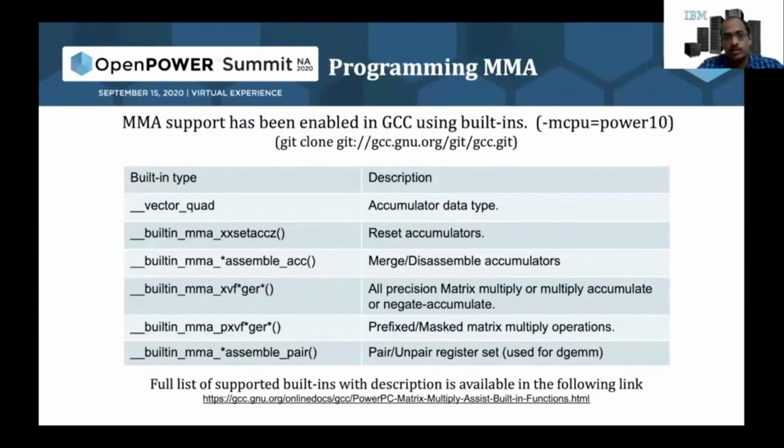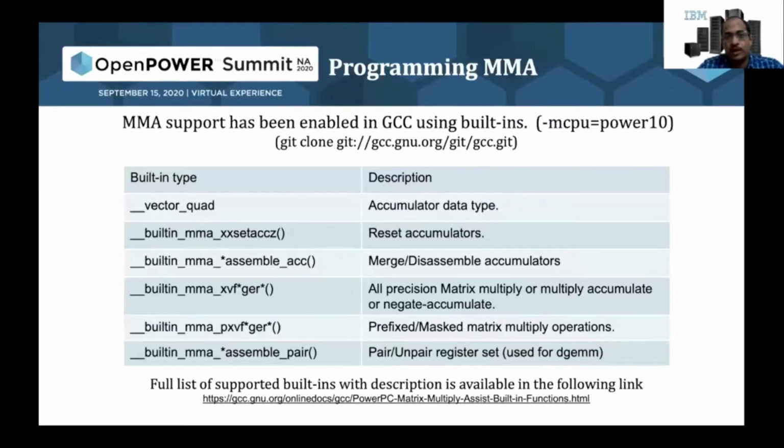The prefixed or masked instructions are also supported by the compiler built-ins, wherein masks can be specified as unsigned int flags. These prefixed or masked instructions can be used for partial operations in boundary conditions of a matrix multiplication where the sizes are not multiples of 4.